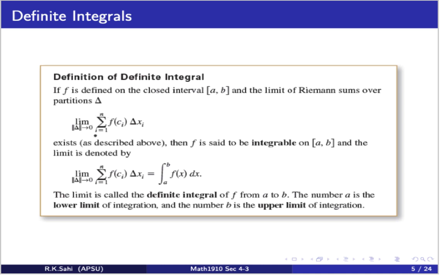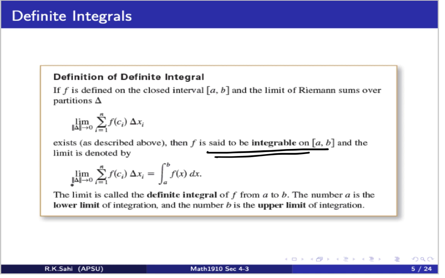Then we look at the sum of the areas of all these rectangles. That is given by f of ci, that is the length, times the width of the rectangle delta xi. If this happens, then we say f is said to be integrable on the closed interval a to b, and this is how we write it down.